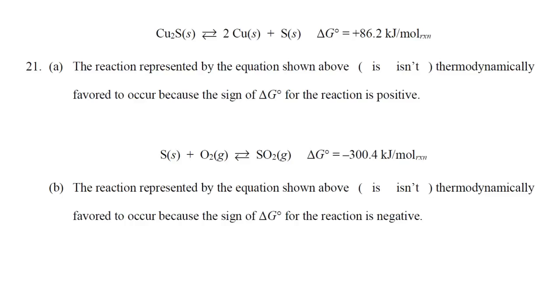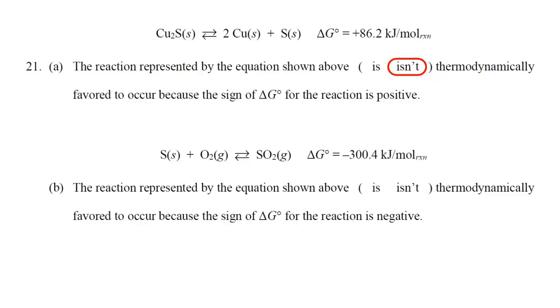In part A, it says, the reaction represented by the equation shown above, and we can see a positive delta G, so that would be not thermodynamically favored to occur, because the sign of delta G for the reaction is positive.